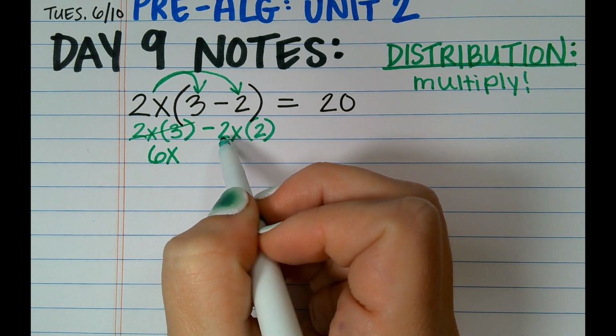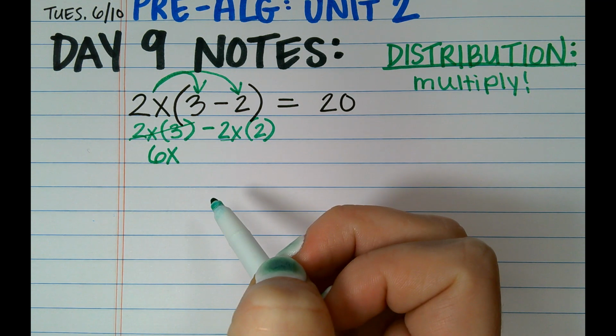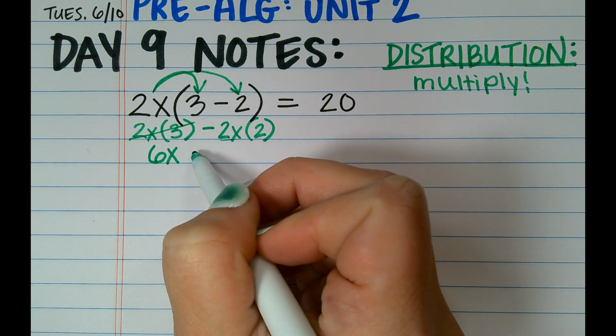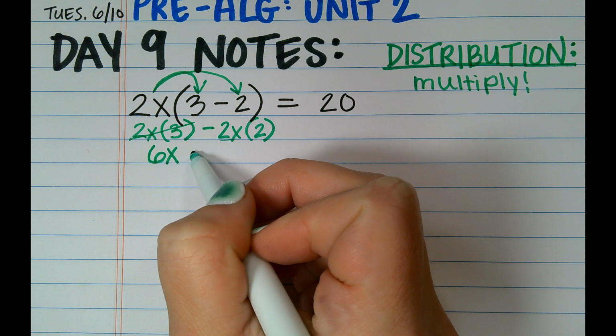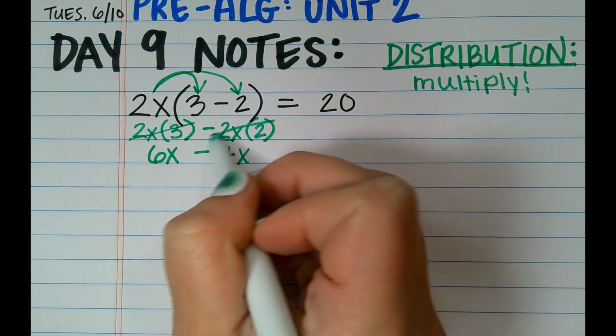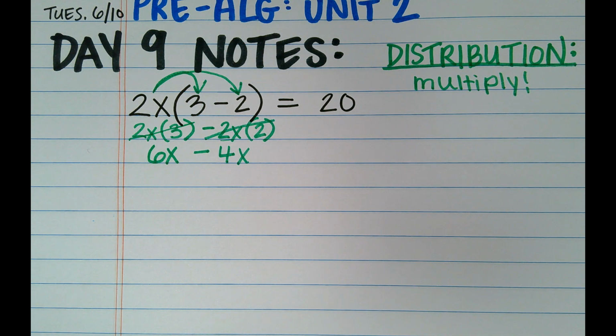So what is 2x times 2? 4x. Good. So I'm going to bring down minus 4x. So I've done all my distribution.